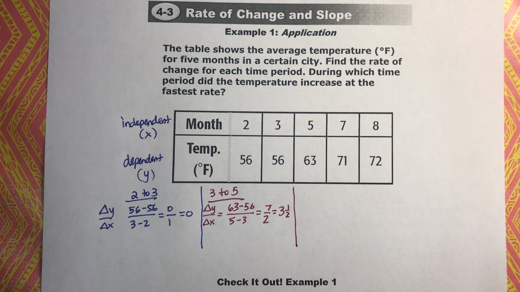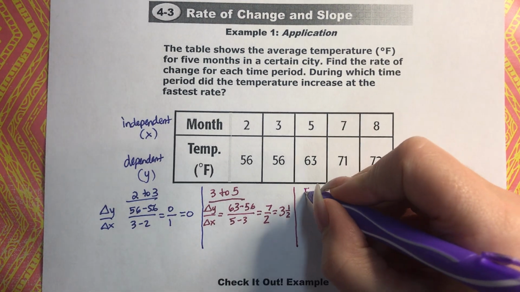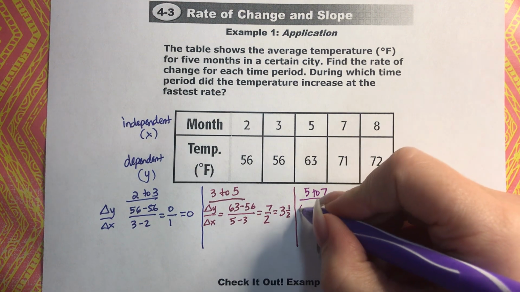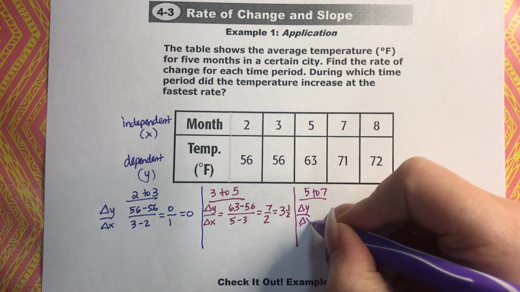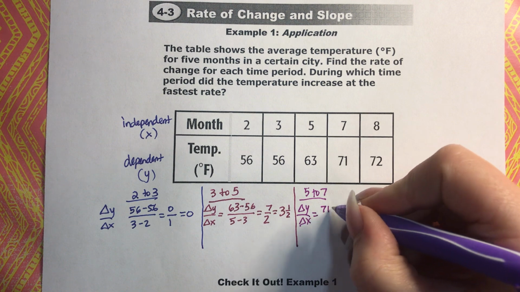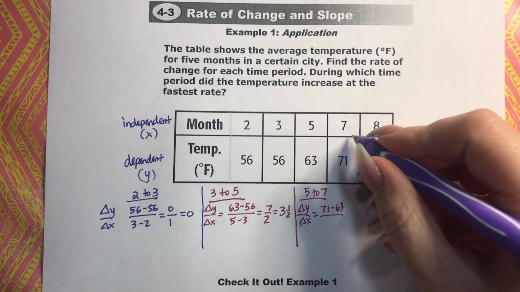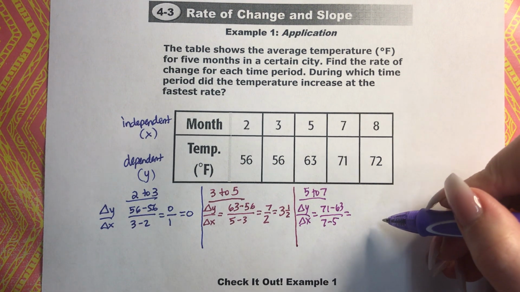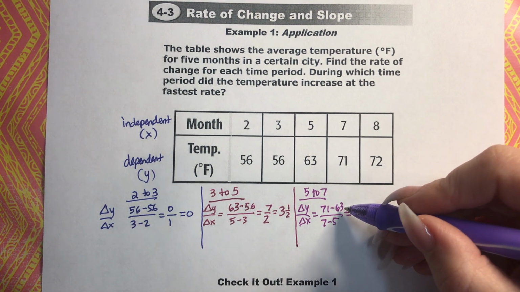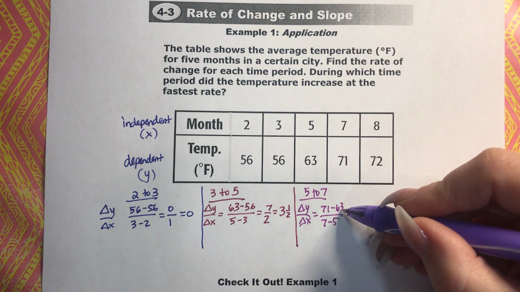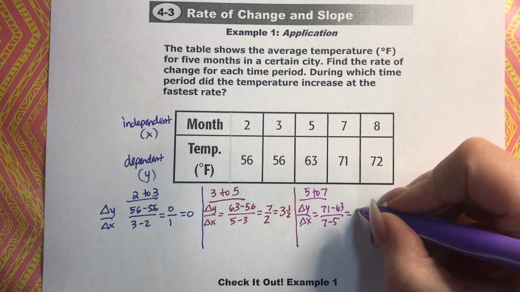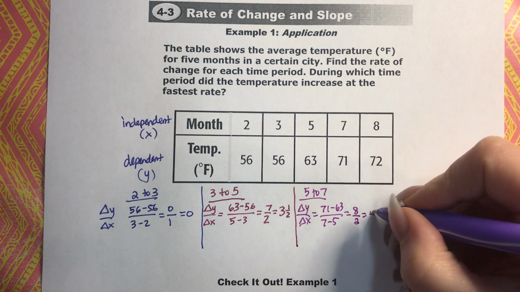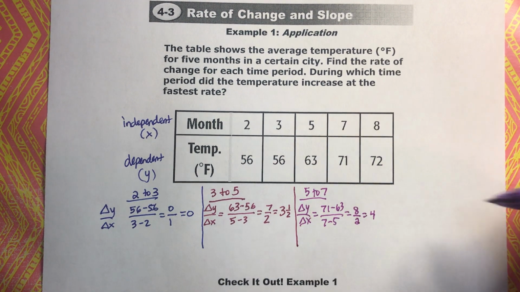Let's look at the next one, from 5 to 7. It's going to be that change in y over the change in x again. So we're going to go 71 minus 63 over 7 minus 5. 71 minus 63, what is that? That would be 8, right? 8 over 2, which is equal to 4. So that one's even bigger than the other two.